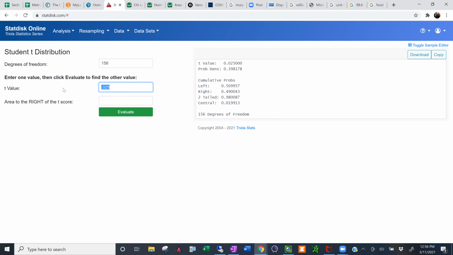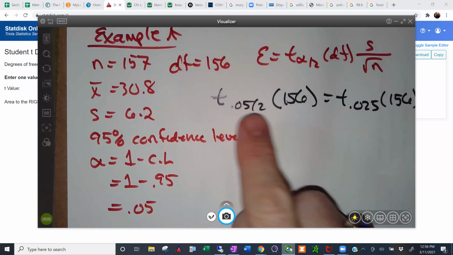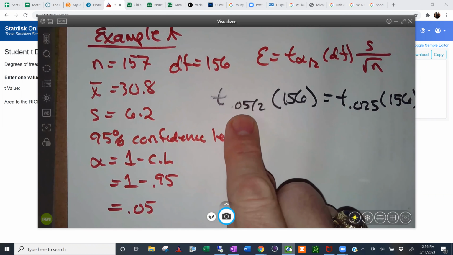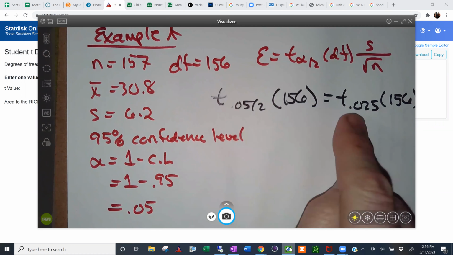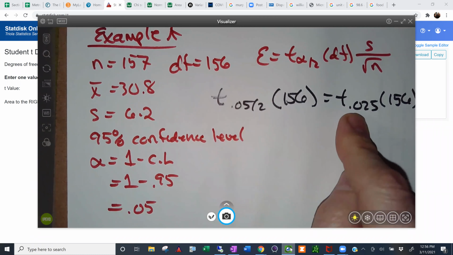Yeah, no, I put it in the wrong spot. Wait, why did it become 0.025? Because that probability gets divided by 2. The 0.05 gets divided by 2 as part of this little formula. So 0.05 divided by 2 is 0.025.